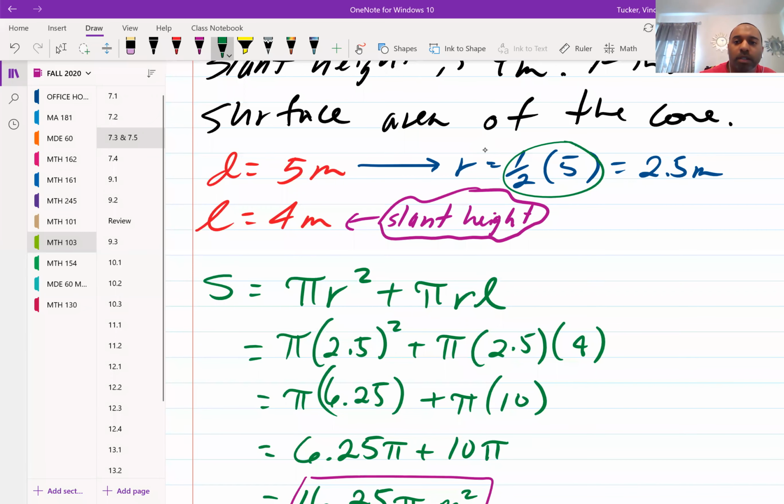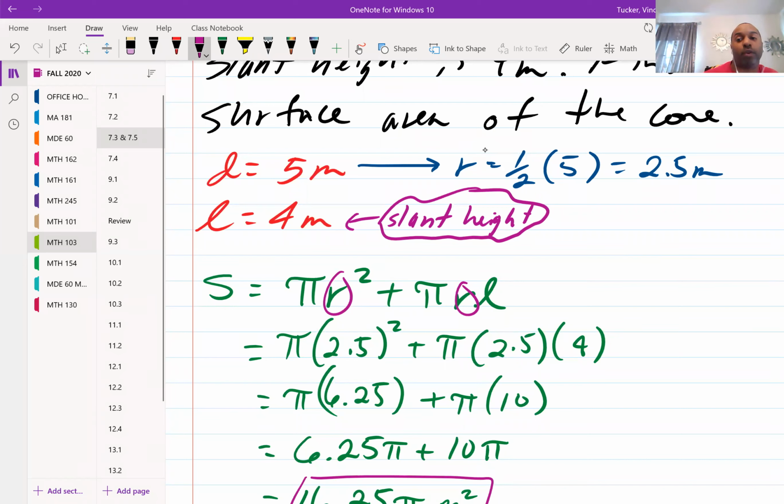If they give you the diameter, yes, because the radius is half of the diameter. Our formula calls for the radius, but they gave us the diameter.